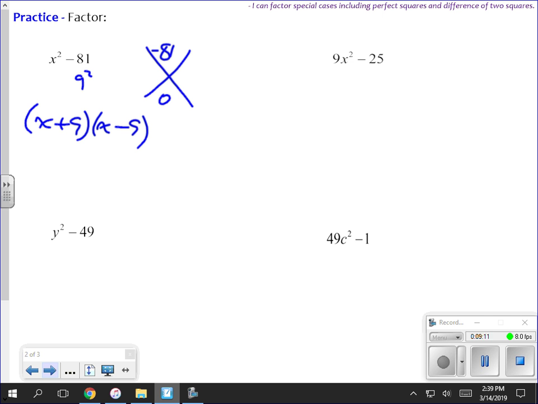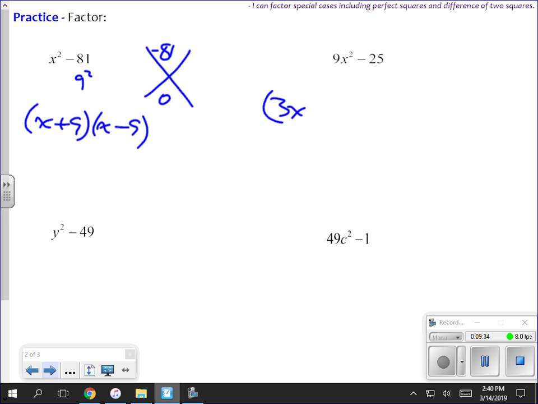So if I do that on here, let's see. 9x squared, that's a perfect square. 25 is a perfect square. I have a square minus a square. Square root of 9x squared, 3x. Okay, what do I square to get 9? I square 3. What do I square to get x squared?